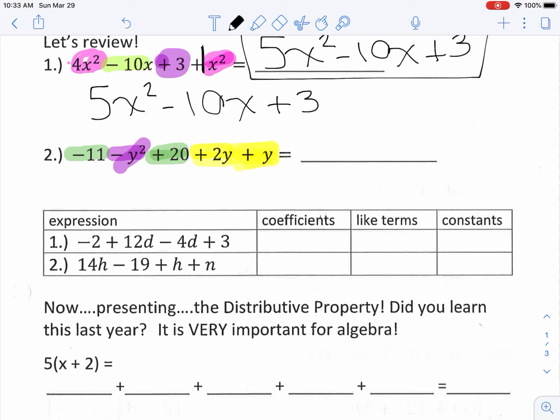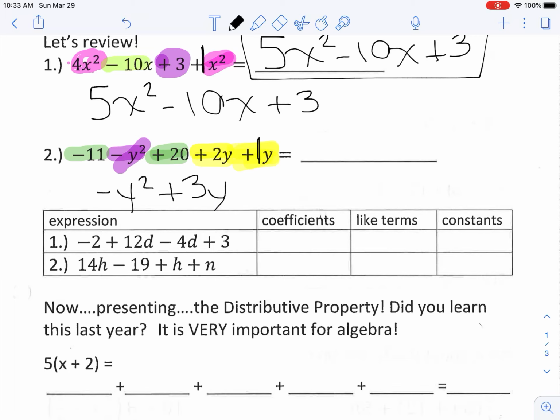So I have negative y squared all by itself. And I'm going to put that invisible 1 in front of that y to remind myself that that's 1y. So then I'm going to add my positive 2y plus my 1y. So that's positive 3y. And then I've got a negative 11 plus 20.